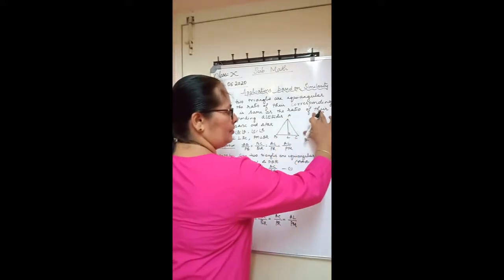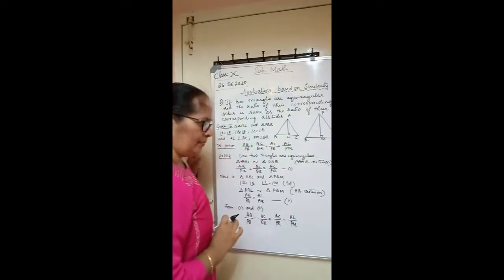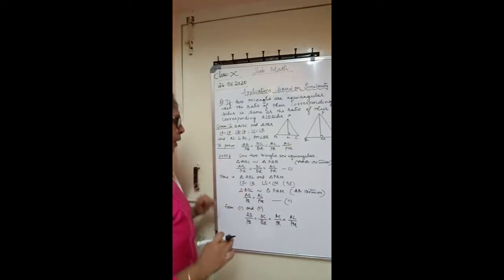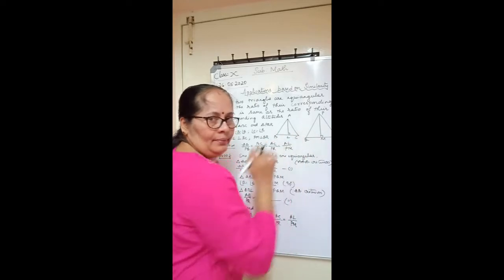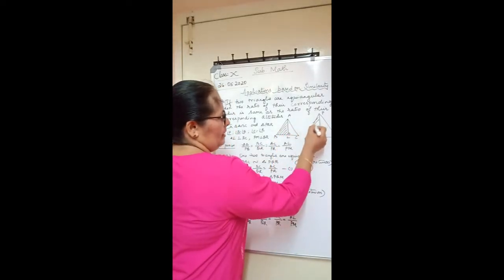AB is proportional to PQ, BC proportional to QR, AC proportional to PR. So take this as equation 1. Now take triangles ABL and PQM.